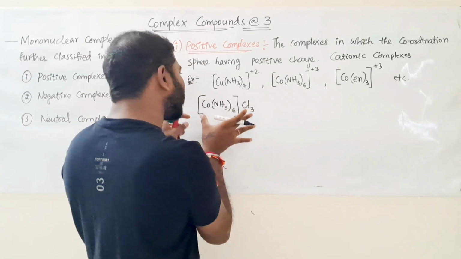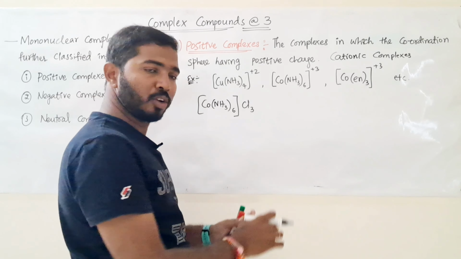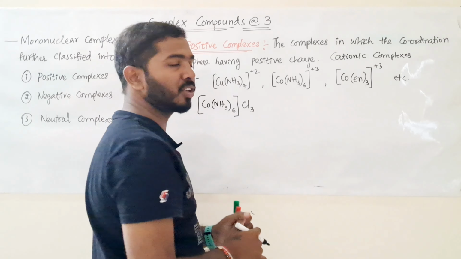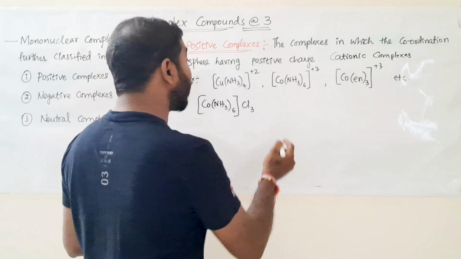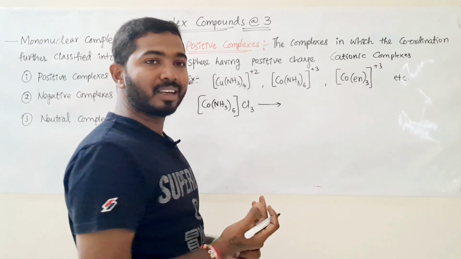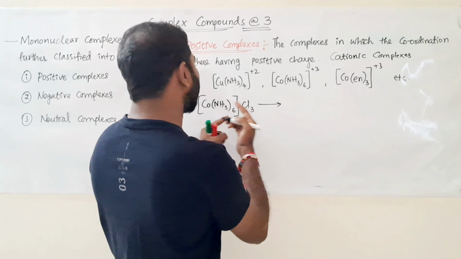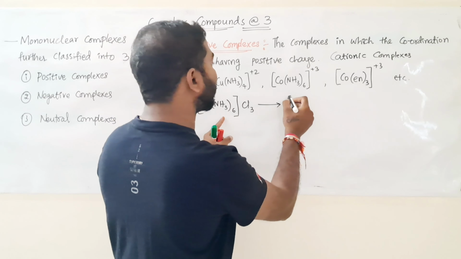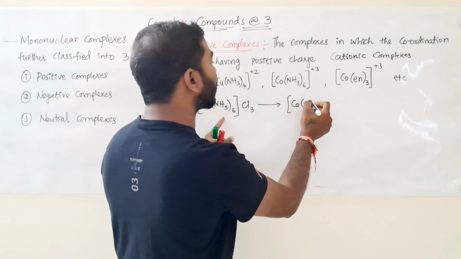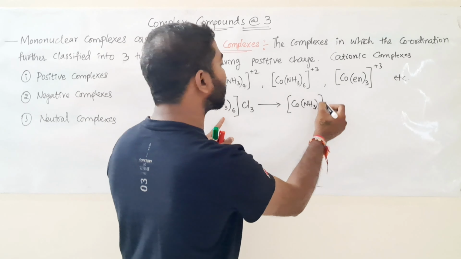Even if we get this type of complex compound, this is the complete representation of the complex, where we need to go for its corresponding dissociation. So what happens if this complex dissociates? It is going to give [Co(NH3)6].